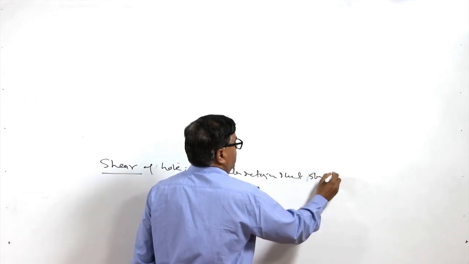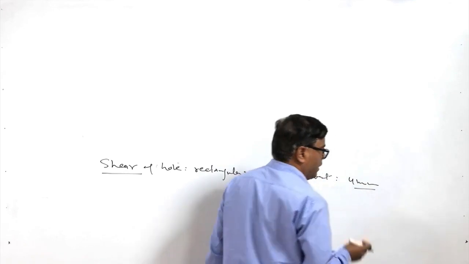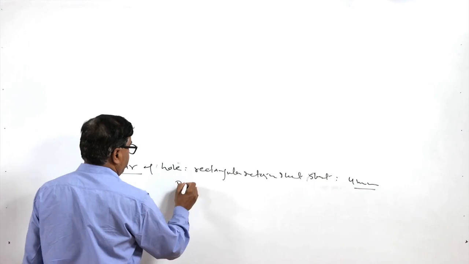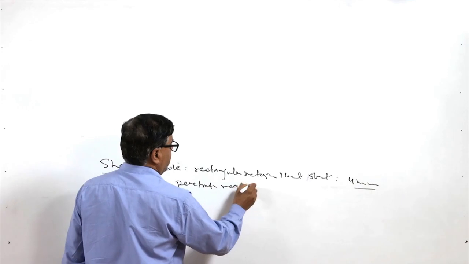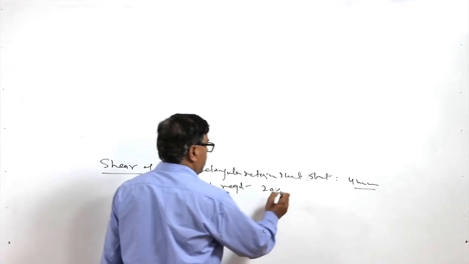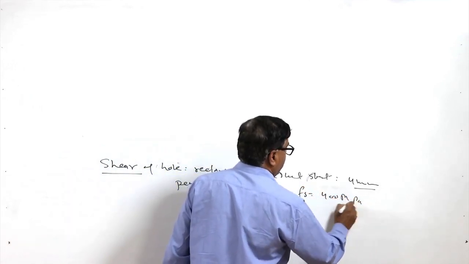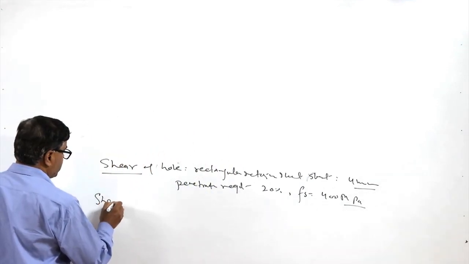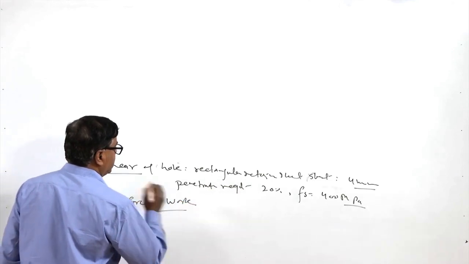The steel sheet is say 4 mm thick, the penetration required is say 20%, and the shear strength of the material is say 400 MPa. Then how do we calculate the shear force and the work required for the shearing?